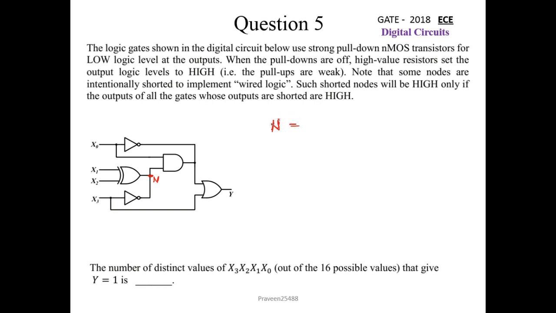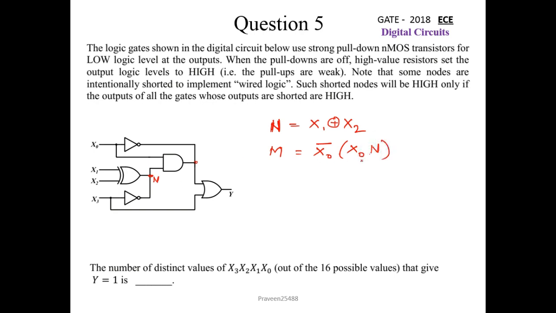So here n would be equal to x1 XOR x2, and consider this point as m, and m is equal to, here this is x0 bar, and this AND operation is there, x0 and n.